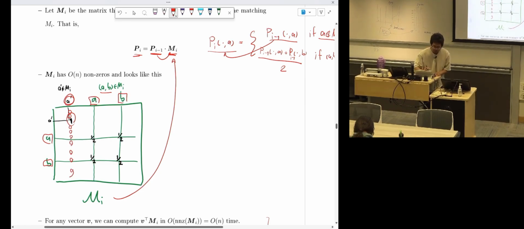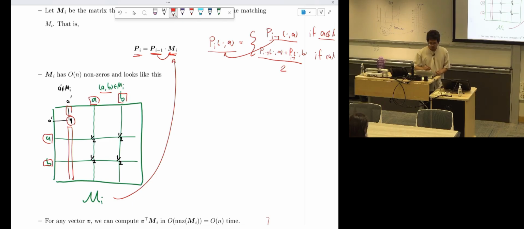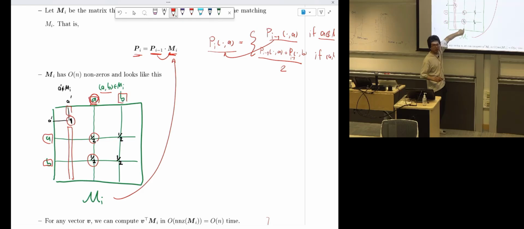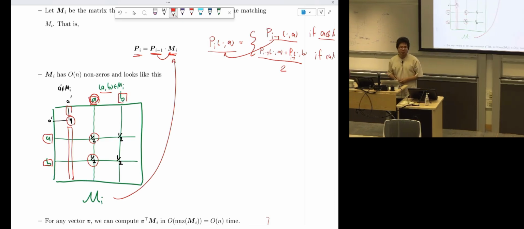That's the structure of M. There is just one here, and everything else in this column is zero. And if A is in the matching, then there are just two non-zero entries, half and half. Everything else is zero. So every column has one or two non-zero entries. That's why there are at most 2n non-zero entries.